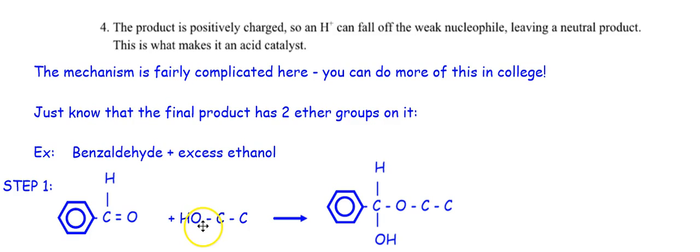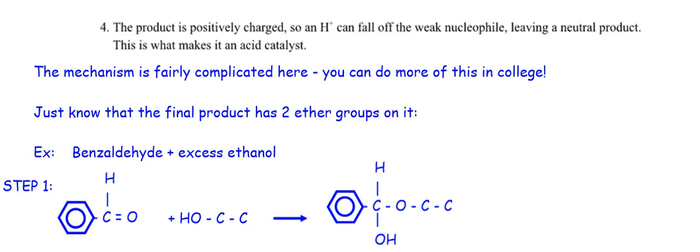So my step 1 is that I'm going to break the double bond. I'm going to create a carbocation. But the point is, the H here is going to be attracted to this O, and then the O is going to continue with the carbon group. So I have as an intermediate an ether and an alcohol.